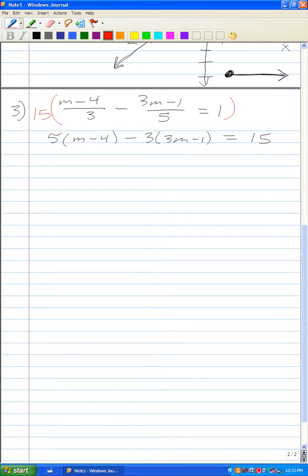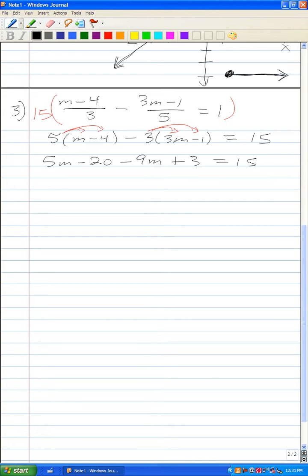Let me multiply 5, negative 3 inside the parentheses. And so 5m minus 20 minus 3 times 3m is a minus 9m plus 3 equals 15.